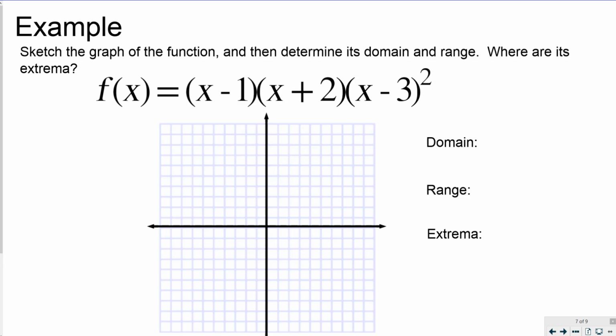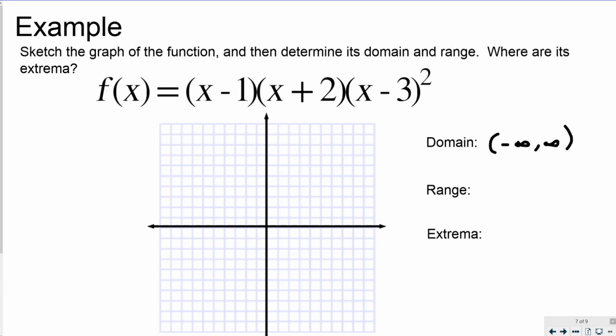So what I am going to do is type it in exactly as I see it into my graphing calculator: x minus 1 times x plus 2 times x minus 3, and then that is squared. With 1, 2, 3, and then it counts a second time, 4 factors, I am going to note that my domain as a quartic is going to be -infinity to infinity.